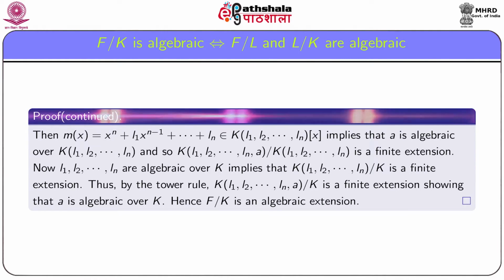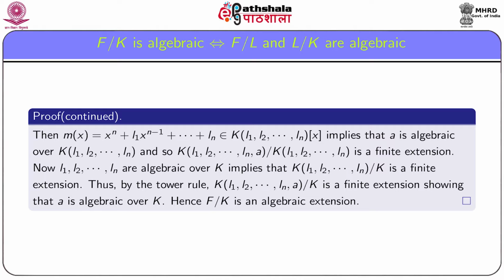We can consider this polynomial m(x) as a polynomial over the field K(l1, l2, up to ln), and hence it follows that a is algebraic over K(l1, l2, up to ln), and then we have the extension K(l1, l2, ..., ln, a) over K(l1, l2, ..., ln) is a finite extension.